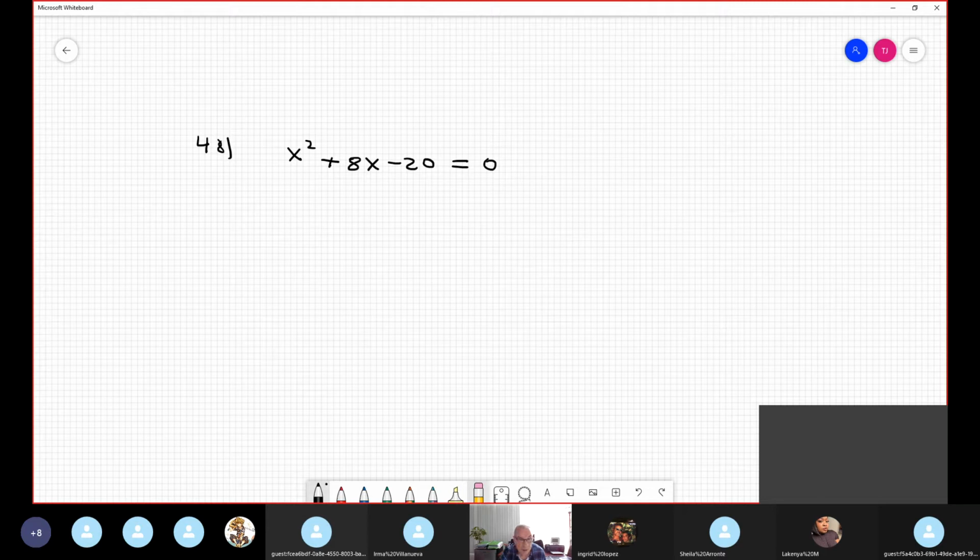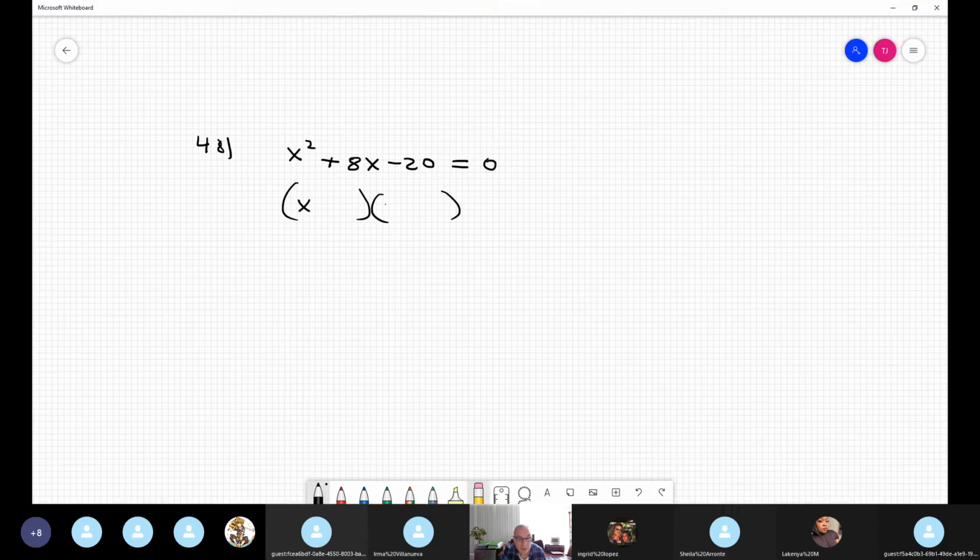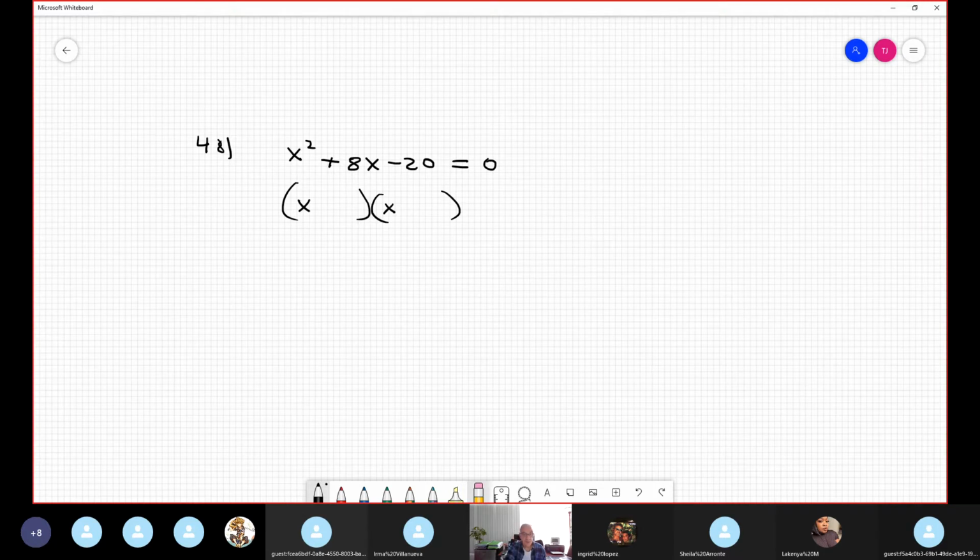Regular. Very well. Then immediately you open two parentheses. You put the name of the variable, which is x, and try to find the combination. Two numbers that multiply to give 20, and somehow when you add or subtract give 8. Well, 20 is 20 times 1 or 10 times 2. Oh, I got it, because 10 minus 2 is 8.